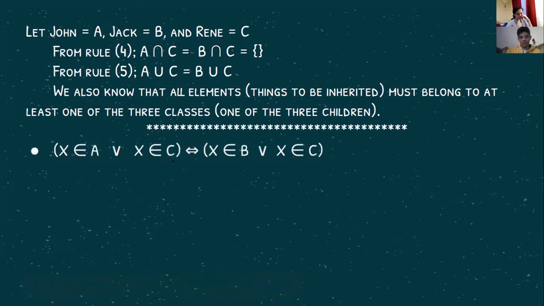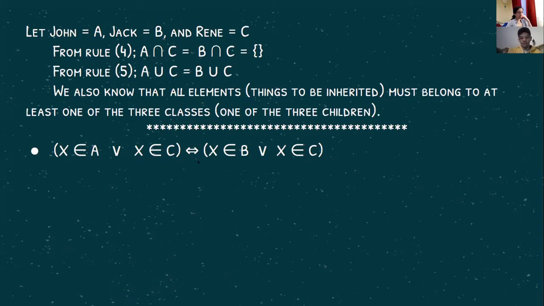First, x belongs to A or x belongs to C if and only if x belongs to B or x belongs to C. This is just rule 5. The union can be translated to x belongs to A or x belongs to C, right? And I know that this is equal to B union C. So when this is true, that is true.